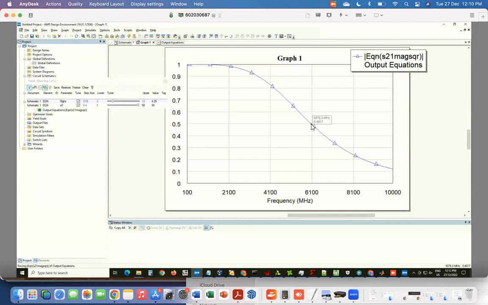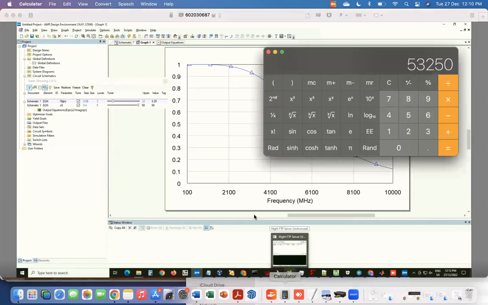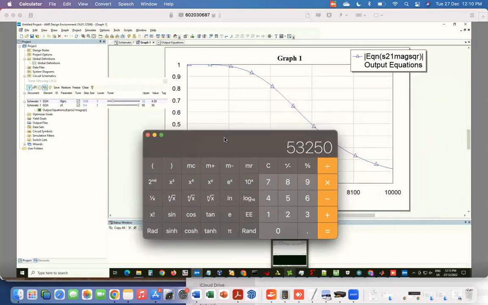So now this point at power ratio of half is around 6.09 gigahertz. And the resonant frequency we have chosen is 4.29, right?